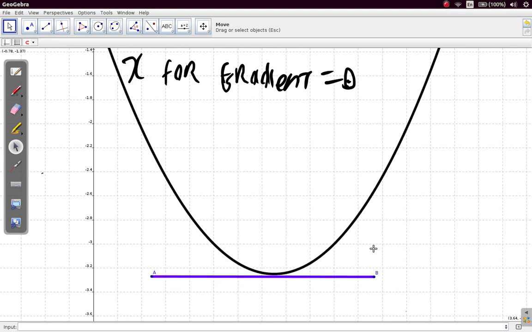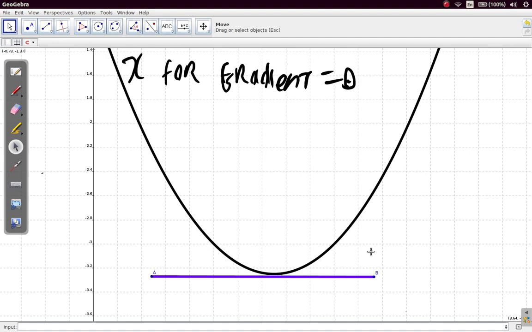The gradient of this line is 0. If you draw this line and it touches the curve there, and it's a horizontal line, it means the gradient of that line is 0, because the gradient of a horizontal line is 0.